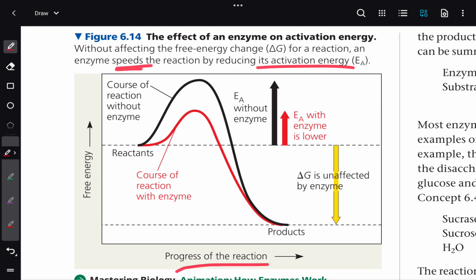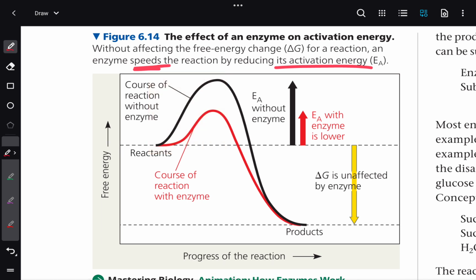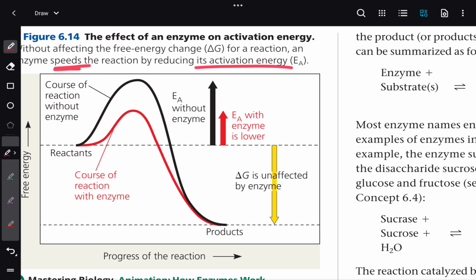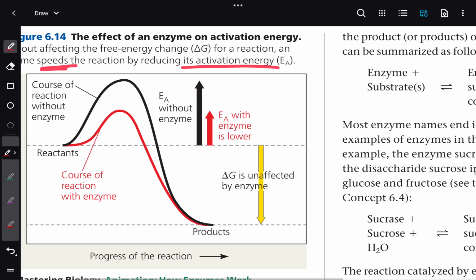This is free energy. Without an enzyme, the reaction will need higher free energy. With the enzyme, that activation energy, the hump, is lower.